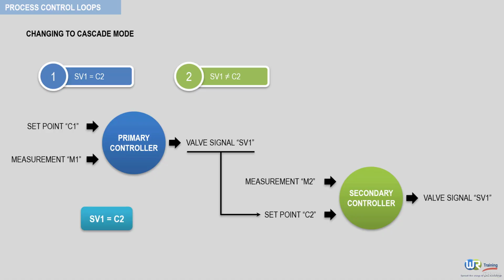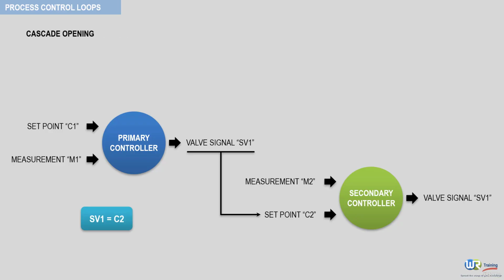In the second case, if the secondary controller is changed from auto mode to cascade mode, then this will cause a sudden change in the value of the set point C2, and this may disturb the process seriously. The output signal SV1 must first be modified in order to obtain the equality SV1 equals C2. For digital control systems, automatic alignment is often provided.